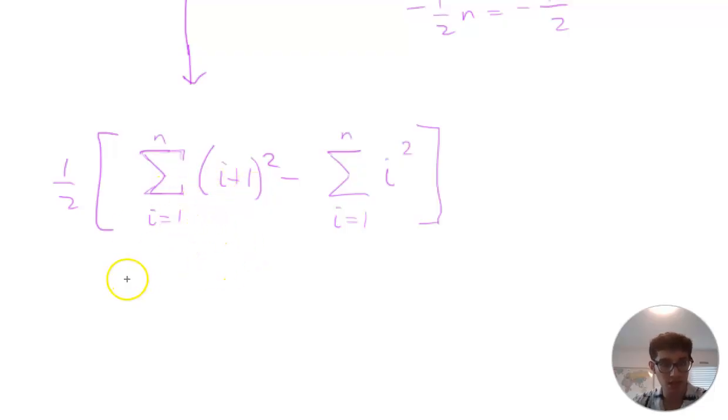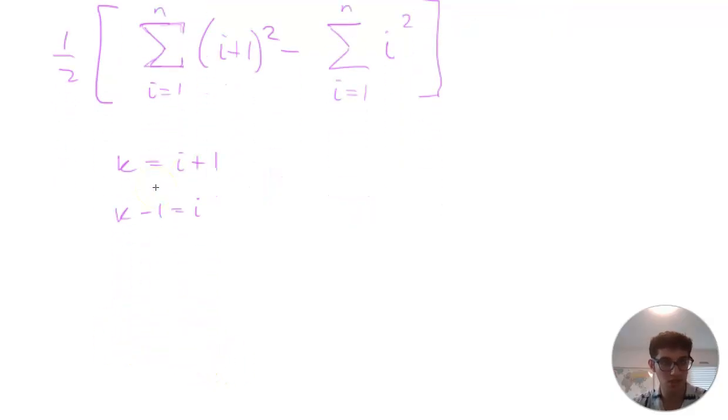So I plus 1. Let's say that I plus 1 is our new I. Okay, so we're just going to plug that in. Or actually, okay, no, let's just make it easy. Let's just say k equals I plus 1. Sorry, I made this pretty complicated, but let's just say k equals I plus 1. That means k minus 1 equals I. And so our sigma on the left, we have k minus 1 equals I equals 1, so k equals 2.